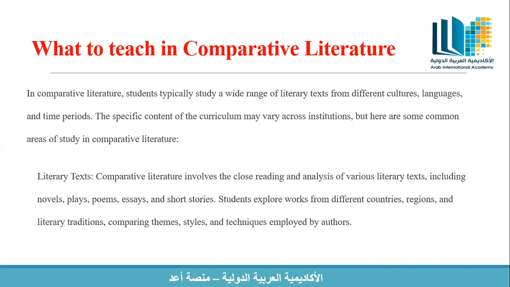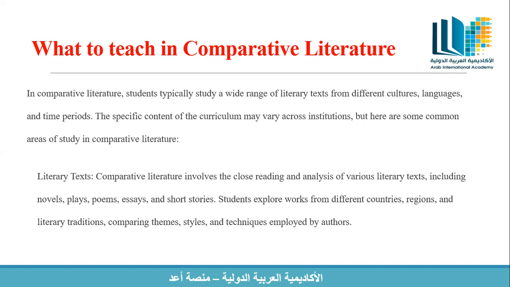So basically, in comparative literature, students typically study a wide range of literary texts from different cultures, different languages, and time periods. The specific content of the curriculum may vary across different institutions, but here are some common areas of study. First, literary texts.